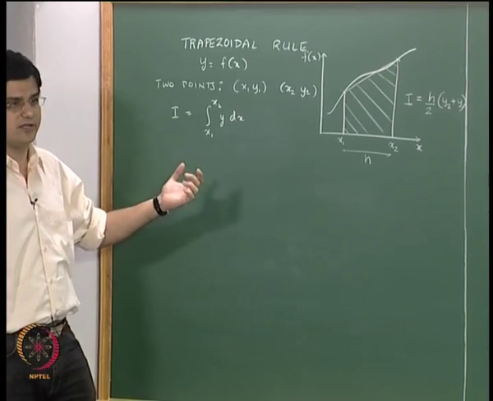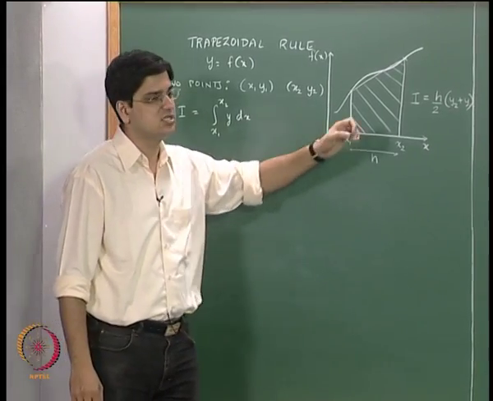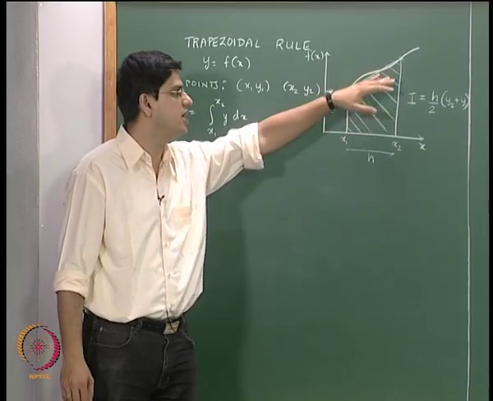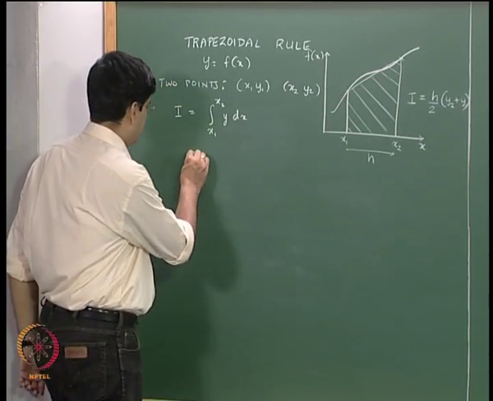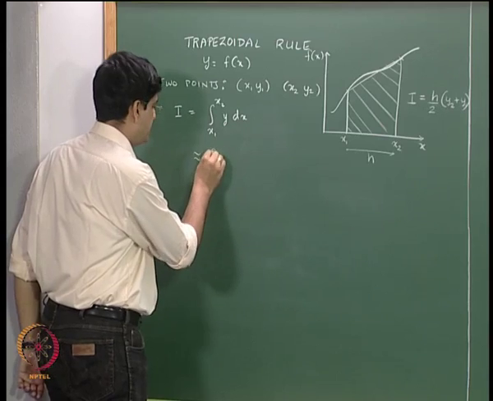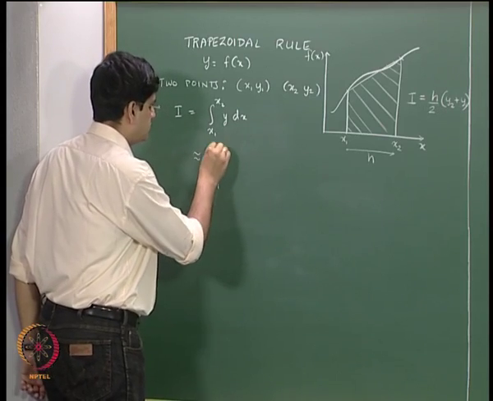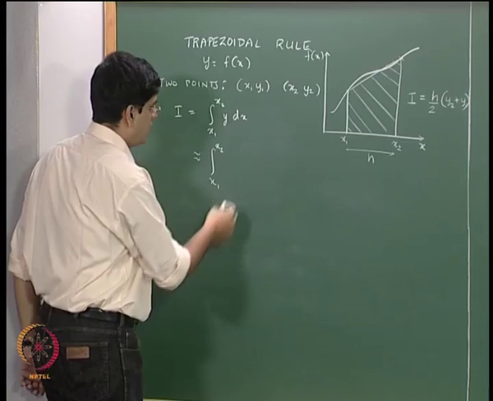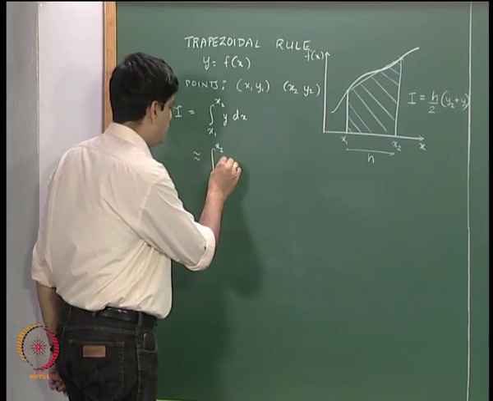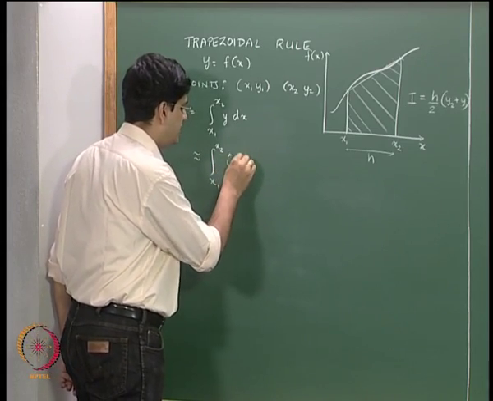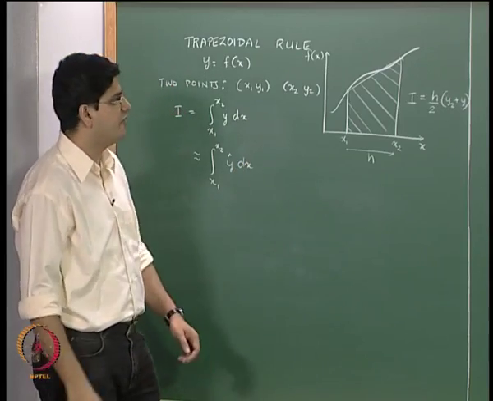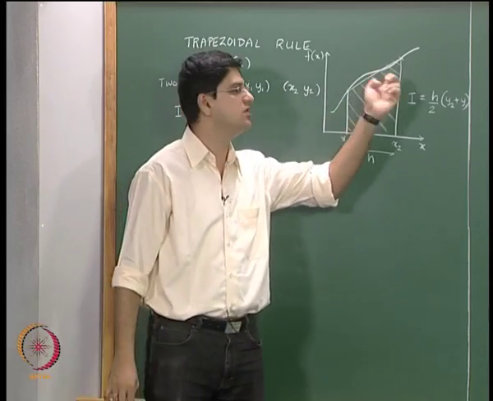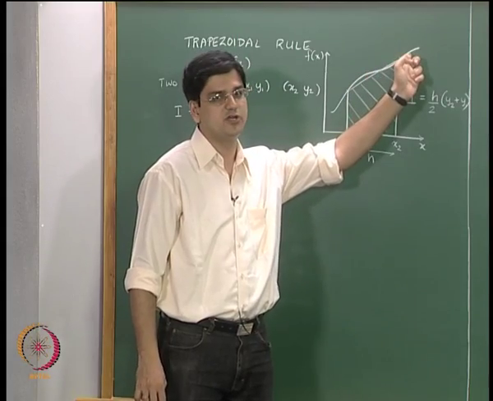The approximate integral based on the trapezoidal rule is really the area under the trapezoid. So we will write that as approximately equal to the integral from x1 to x2, and just to use some other notation I will use y hat dx, where y hat is nothing but the equation for this particular line.